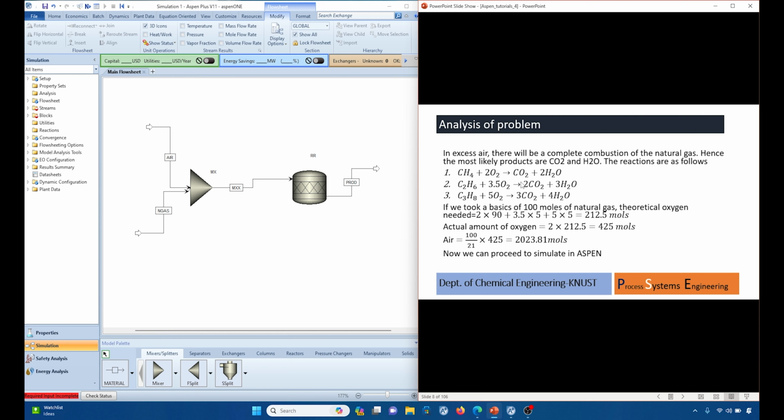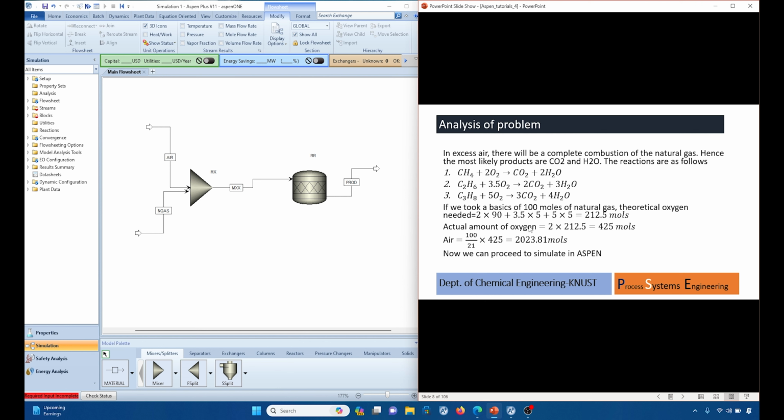Since methane was 90% of our feed stream, the molar flow rate of methane here is 90 moles, and multiplying that by 2, we get the amount of oxygen needed for reaction 1. The same can be done for reactions 2 and 3, and then we determine the theoretical amount of oxygen required for the reaction.